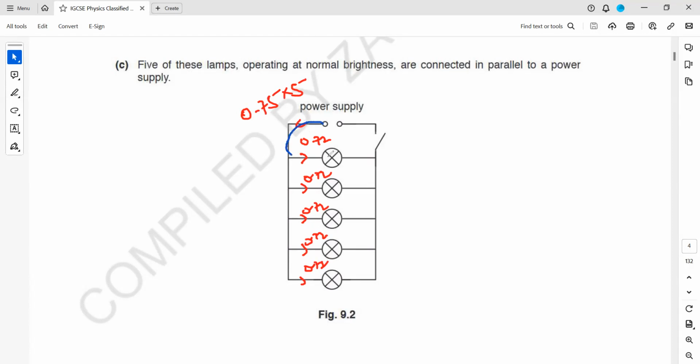Some of the current will flow through the first lamp, some through the second, third, fourth, and fifth. So the total current in parallel is the sum of the current in each branch. You can add 0.72 five times or multiply 0.72 by 5. So it will be 3.6 ampere.